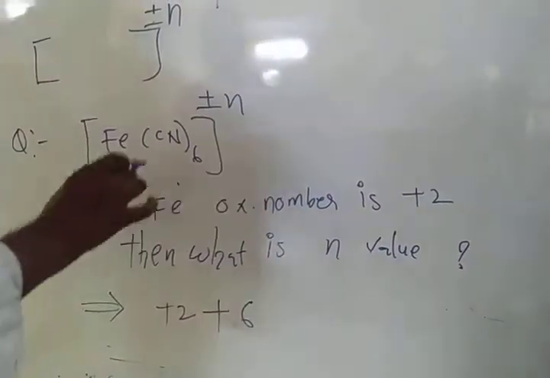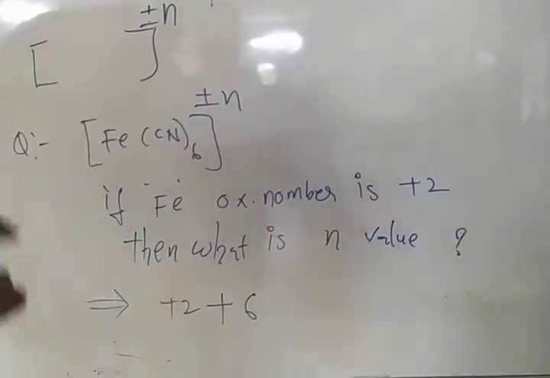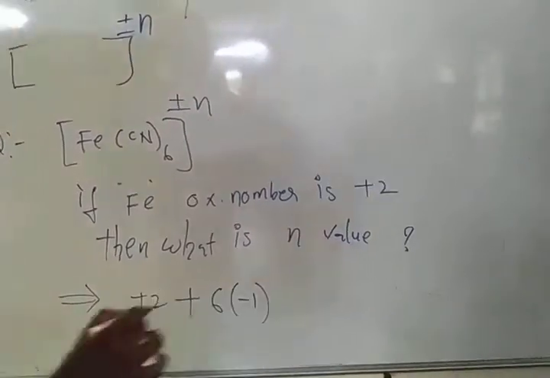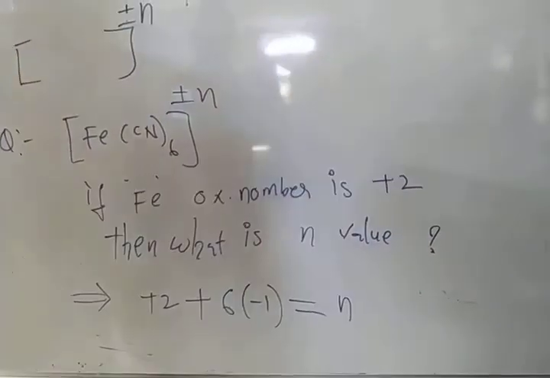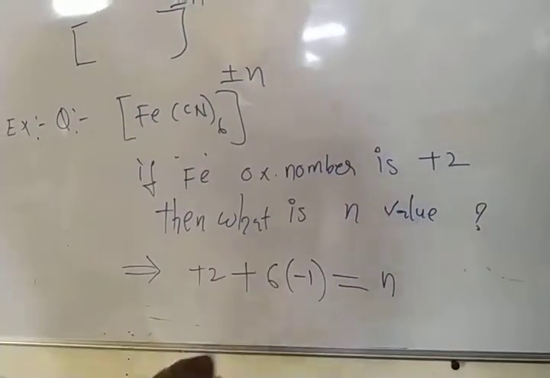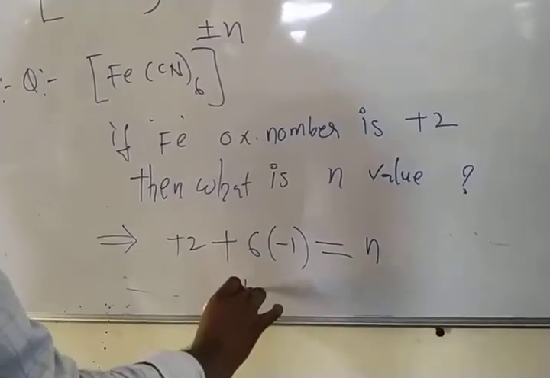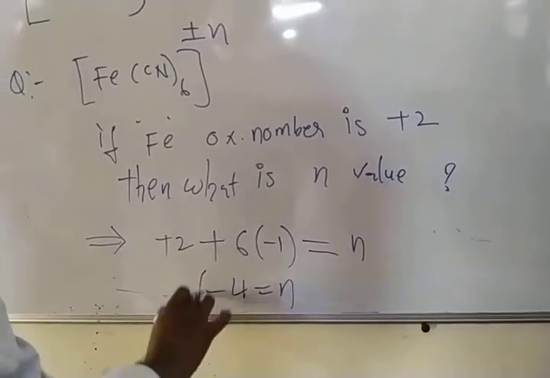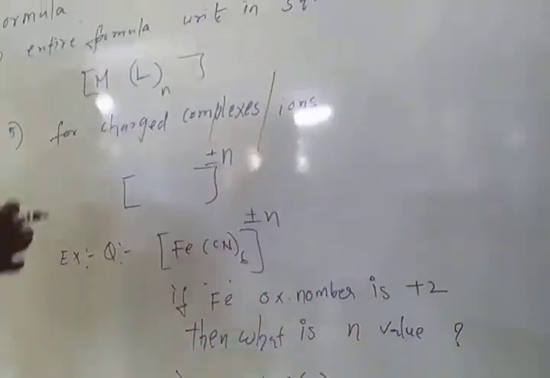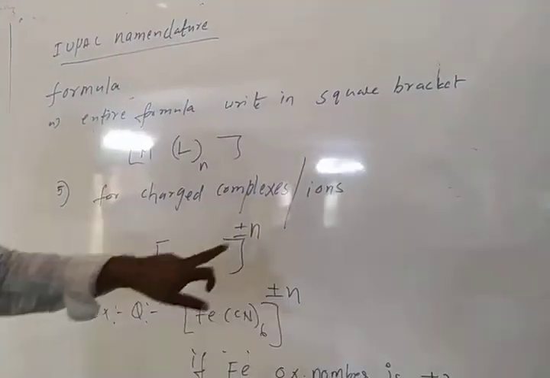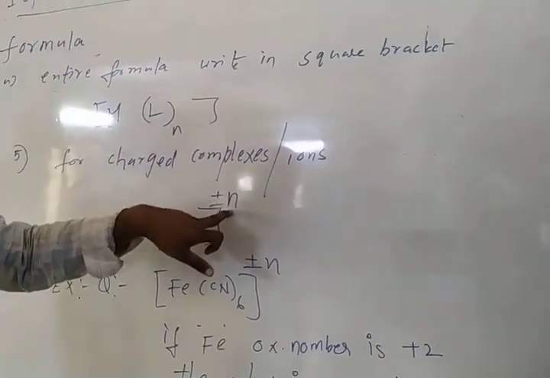So 6 into each cyanide, which carries a minus 1 oxidation state. Each cyanide, how much? Minus 1. So minus 1 equals n. If you simplify, n will be minus 4. So this is the charge. For charged complexes, the charge must be written at the top, as a right side superscript.